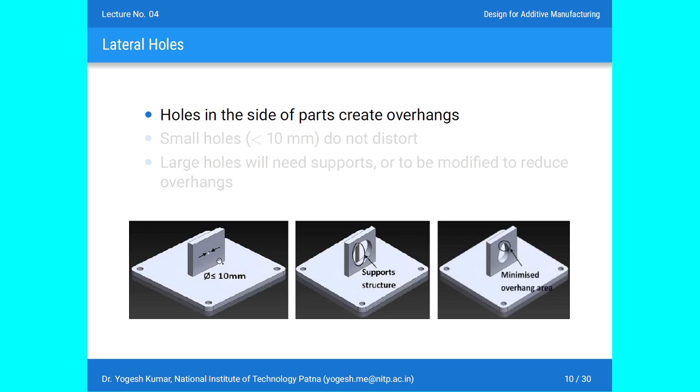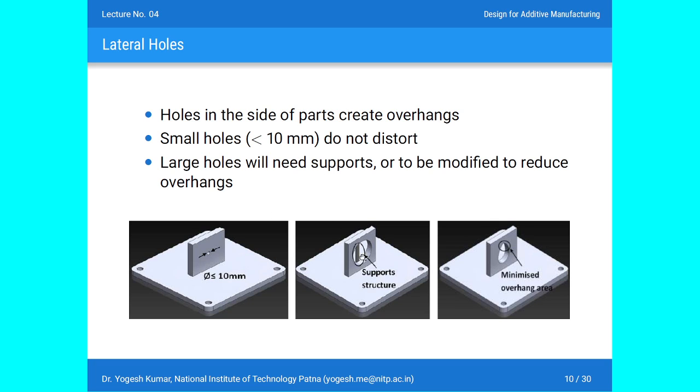This is the first figure, where you can see you have a very small lateral hole, having diameter less than 10 millimeter. The component which has small holes, the part may not distort, or the part may get printed accurately as compared to the component which has a large hole.